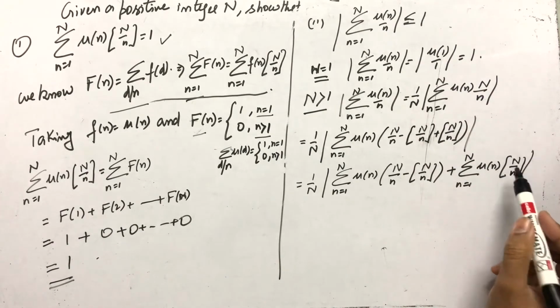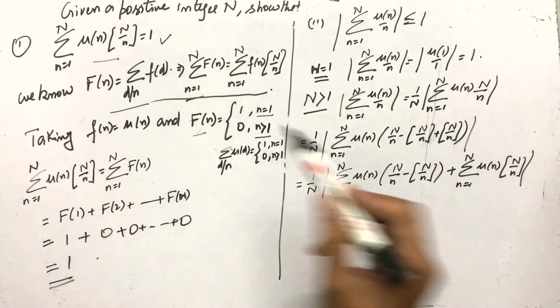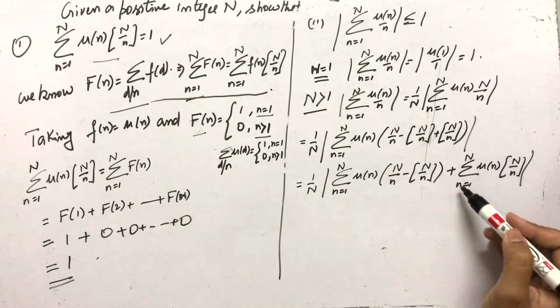Now very easily, as you see, this we have already proved in the first part. How much is this? 1.